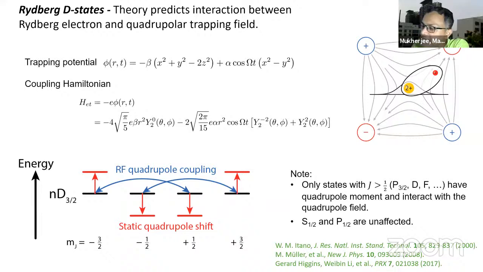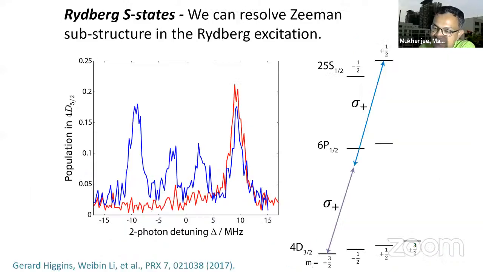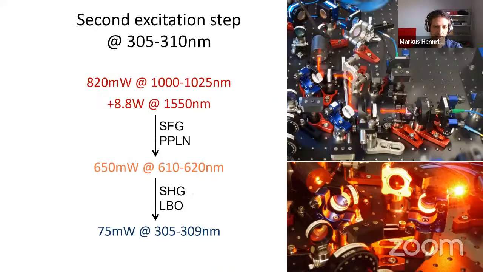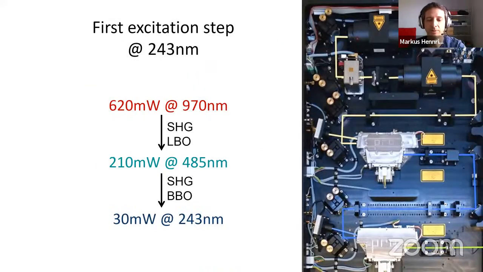The second question from him is, do BBO crystals cause frequency or intensity fluctuation trouble? The BBO that we use here in the 243 nanometer laser has a walk-off in the crystal.